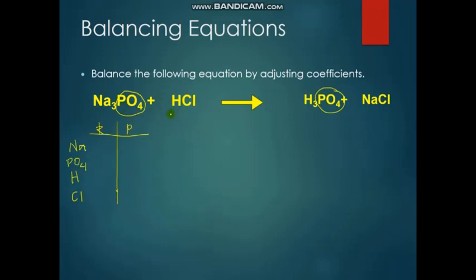If they are not encased in parentheses, it simply means that polyatomic ion is 1. So in this case, we have a 1 in the reactant and 1 in the product. In case that they are encased in parentheses, the number that follows that parenthesis multiplies that polyatomic ion.